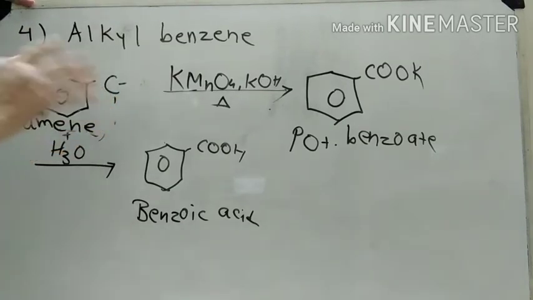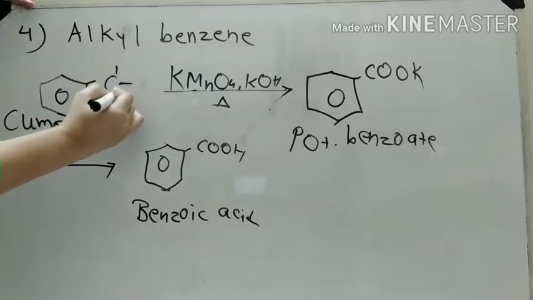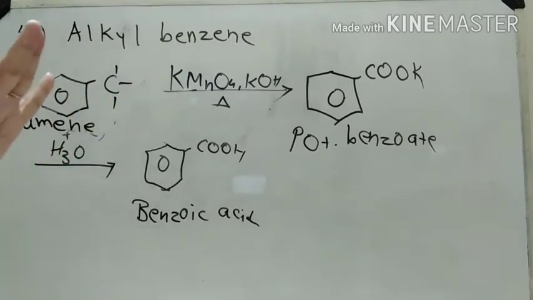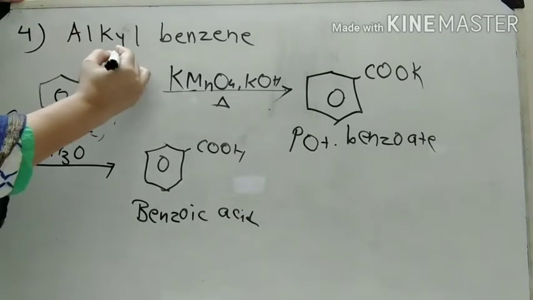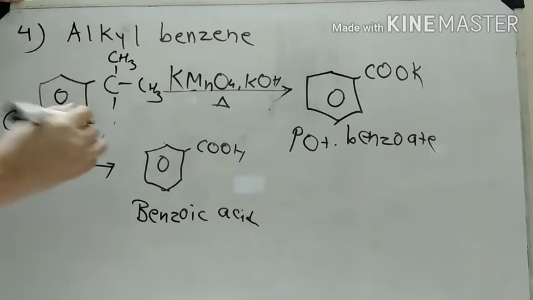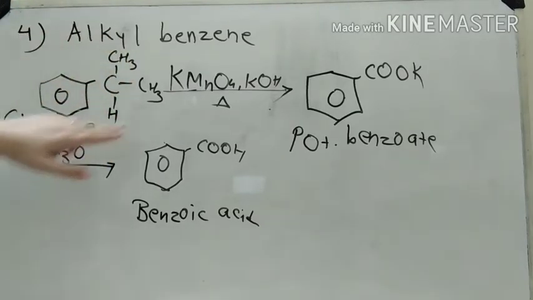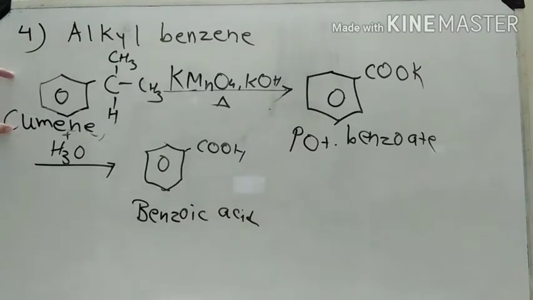This carbon is tetravalent. On one side the benzene ring is there. Of the 3 other valencies, 2 are occupied by the methyl groups CH3 and CH3, and the remaining 1 is with hydrogen. So this is the structure of cumene.